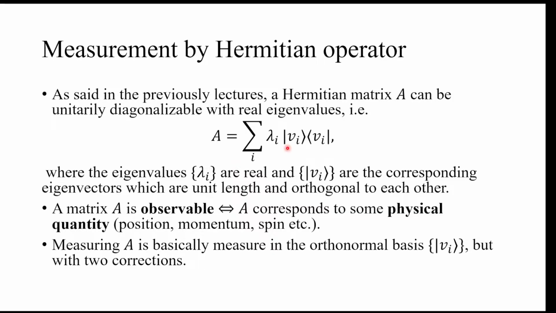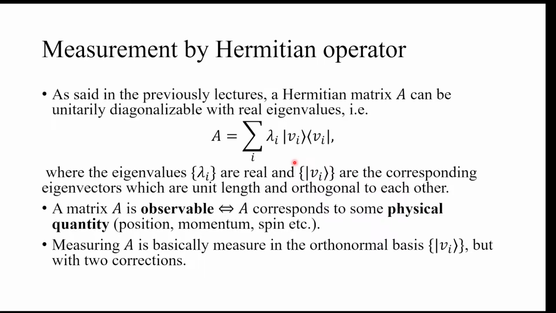This has a physics motivation, because usually we think of this Hermitian operator as some physical quantity: maybe the position of your particle, the momentum, or the spin, etc. The lambda i will correspond to the measured physical quantity. That's why you have quite an arbitrary lambda i here.